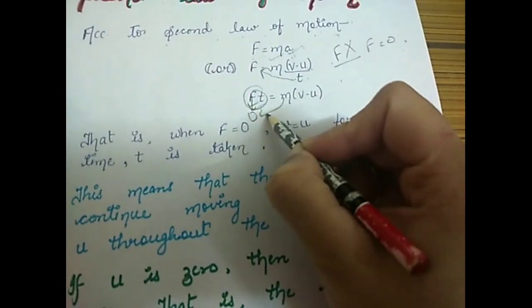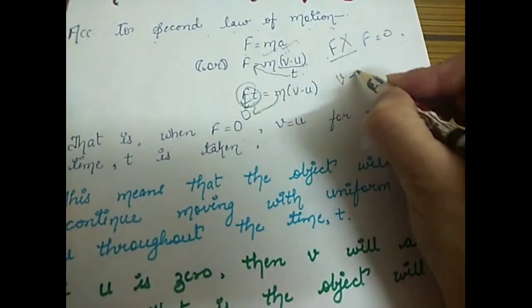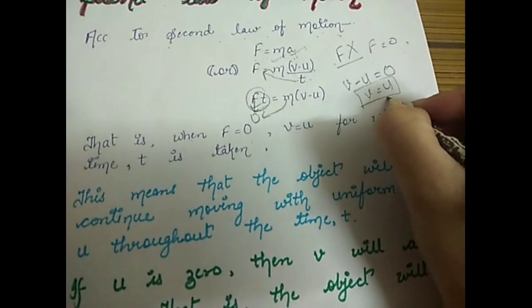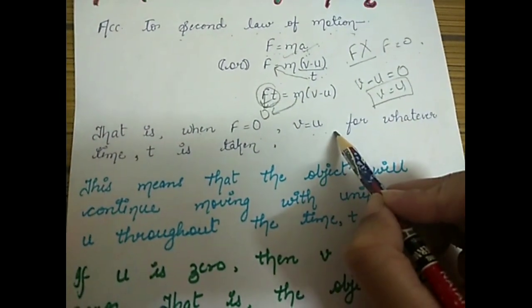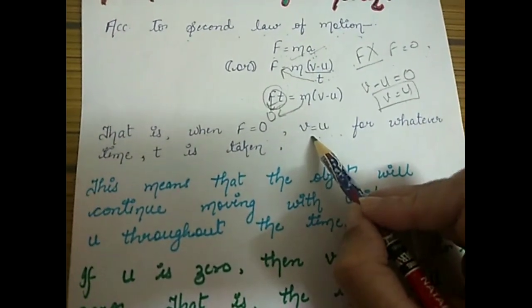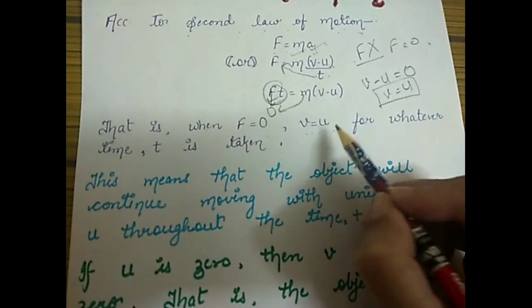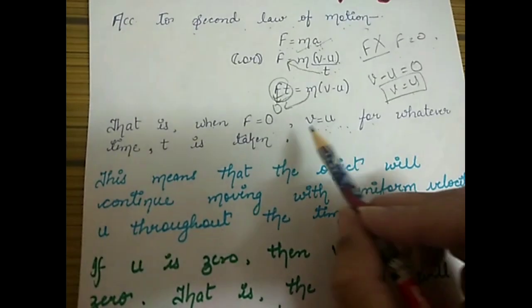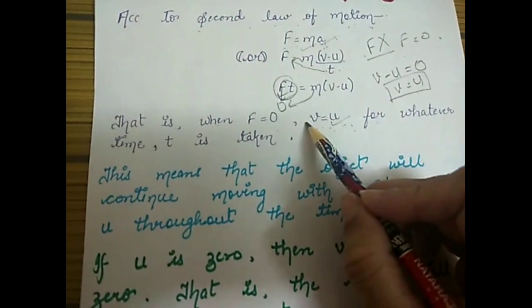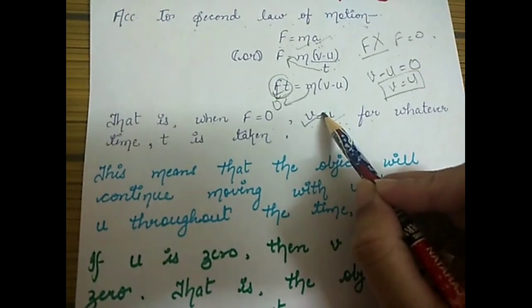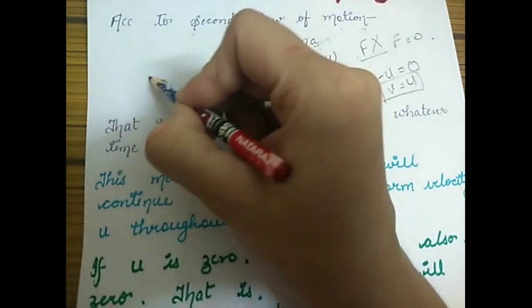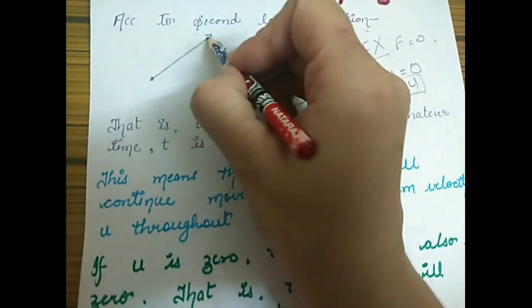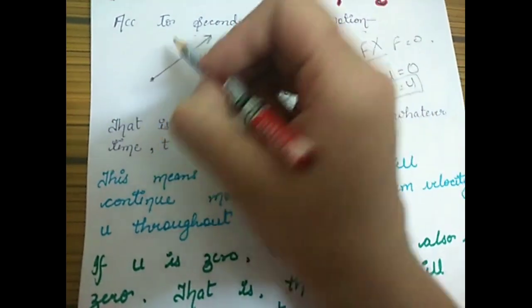What is left? v minus u is equal to 0, so v is equal to u. When v is equal to u, what does that mean? The initial velocity and the final velocity of the object are the same. That means the object is moving with a constant velocity forever. Its velocity is not changing and it keeps moving forever.